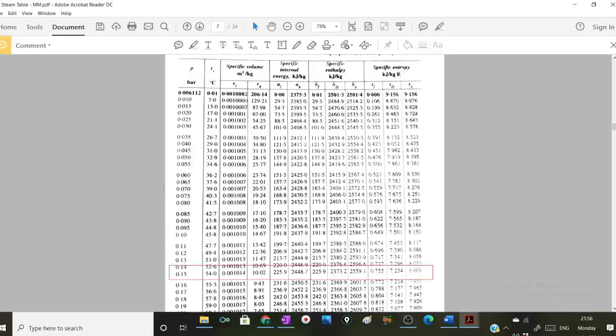T saturated, that is at 0.15 bar, T saturated is 54 degrees Celsius. Then I am interested in specific volume of saturated vapor, that is 10.02 meter cube per kg, and then I am interested in hfg, that is latent heat of condensation, 2373.2 kilojoule per kg.